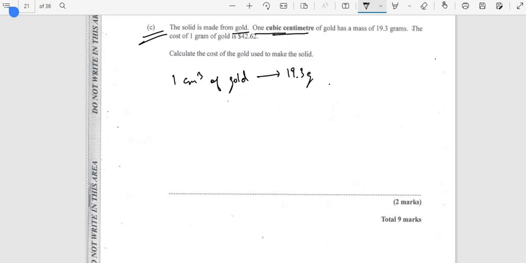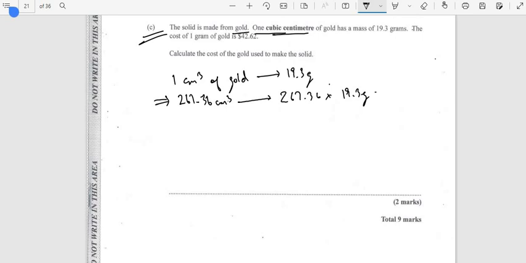So if 1 cubic centimeter of gold has 19.3 grams, it implies that 267.36 cubic centimeters of gold will have 267.36 times what one has, which is 19.3 grams.